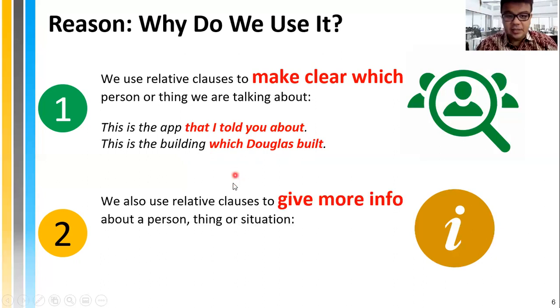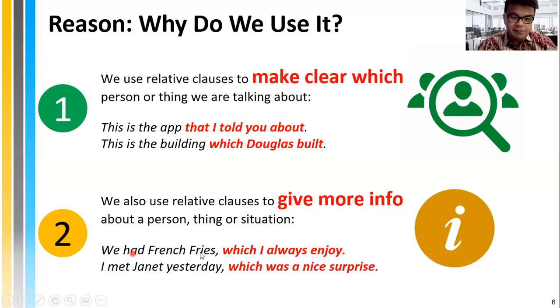The second reason we use relative clauses is to give more information about a person, a thing, or a situation. Example: we had French fries yesterday. That would be enough. But we can add, which I always enjoy. This is additional, supplemental information.